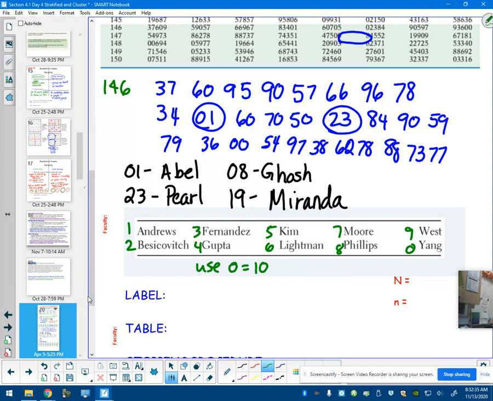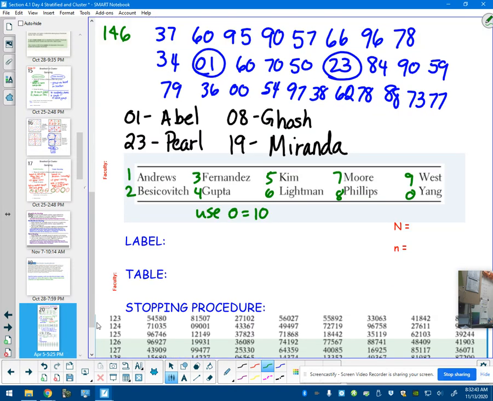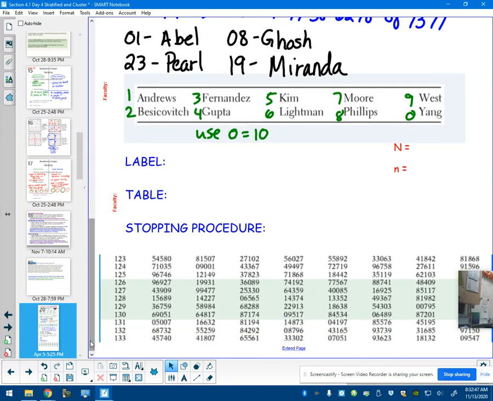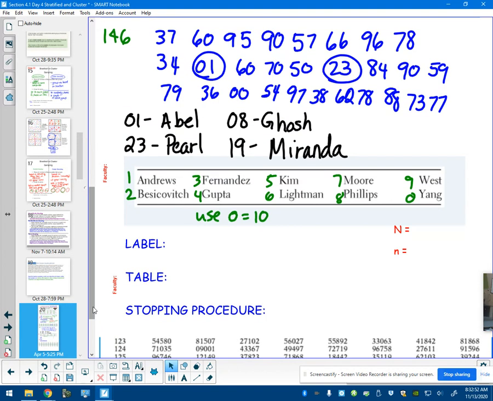And now it's going to be quick like a bunny, really fast, because no digits are going to go unused. So that's the only time you want to do this, when you have exactly 10 or exactly 100 or exactly 1,000. And if you don't understand why, you can tell me in a minute and I'll show you why.